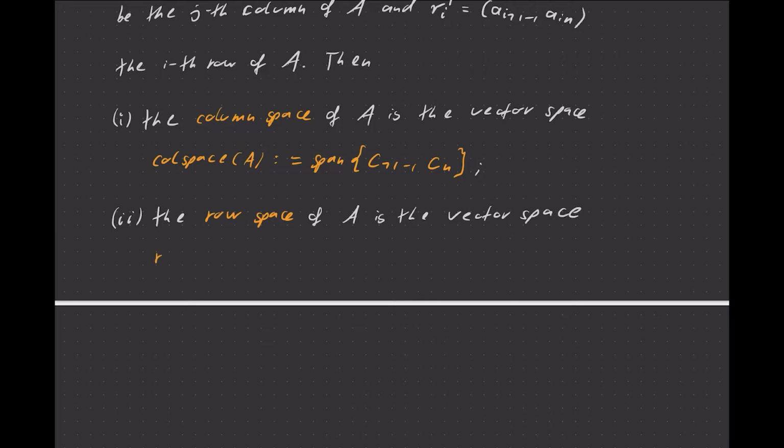I will denote this as row space. And that's the span of the row vectors, unsurprisingly. So R1 to Rm, we have m rows.